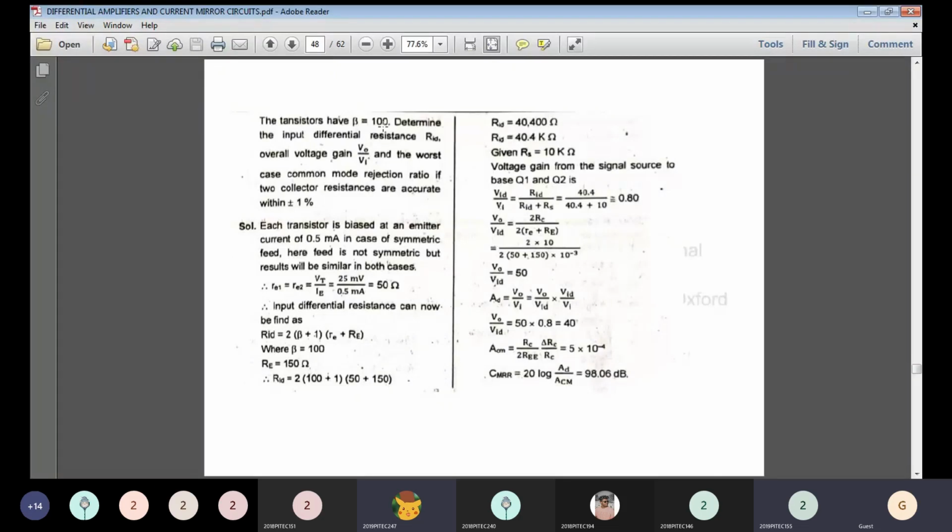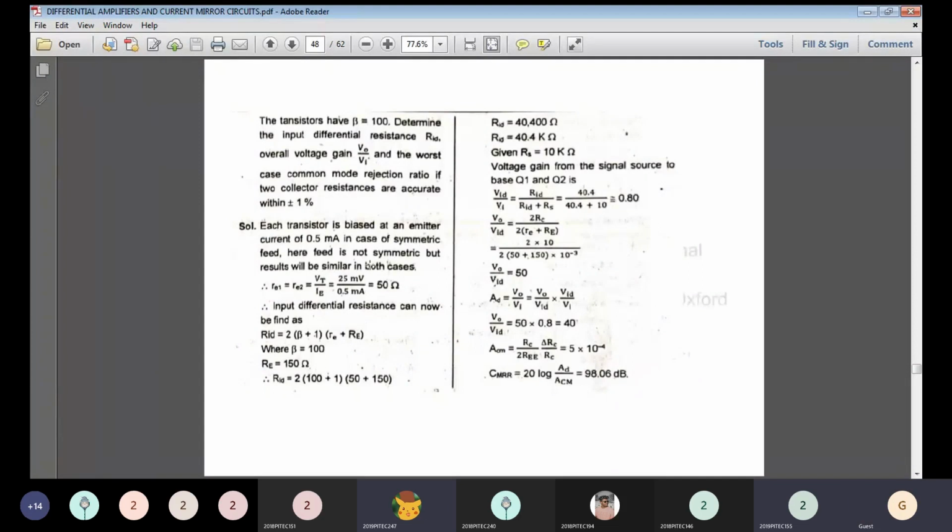That condition is mentioned here: if the two collector resistances are accurate within plus or minus 1%. So that condition we should apply in the problem when calculating CMRR.